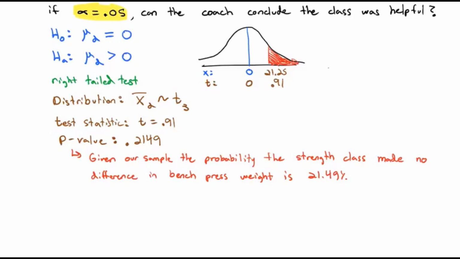And if we look at our alpha of 0.05, we see that is much smaller than the p-value. Alpha is the minimum probability where we still believe the null hypothesis is true. We are well beyond that probability, much higher, so our decision is to fail to reject the null hypothesis.